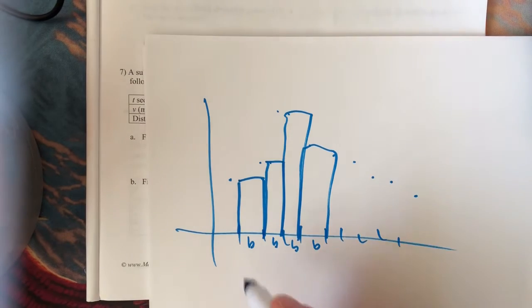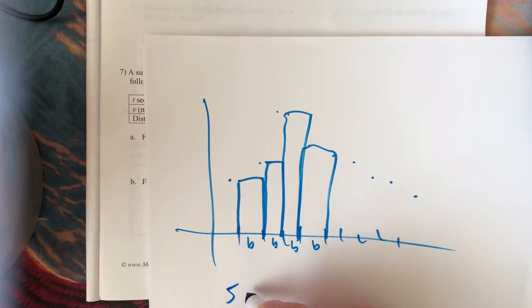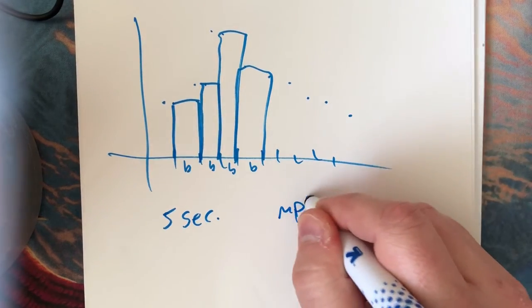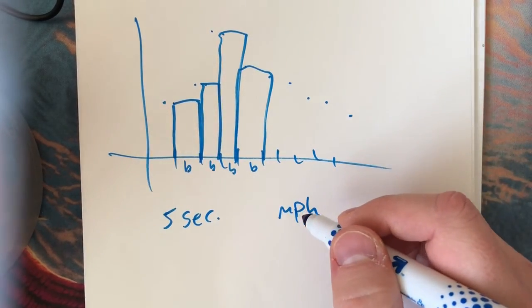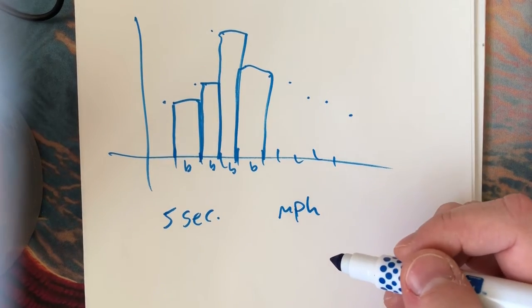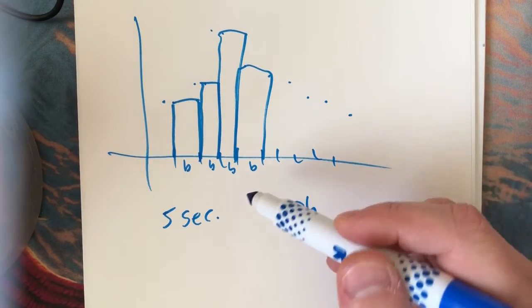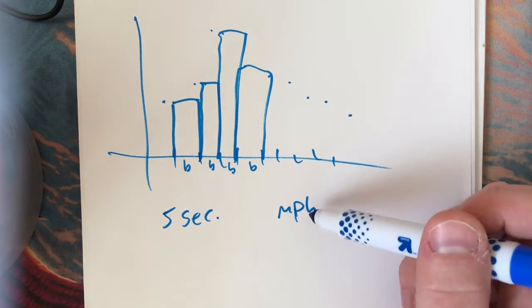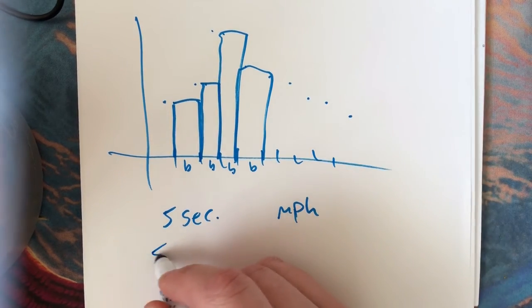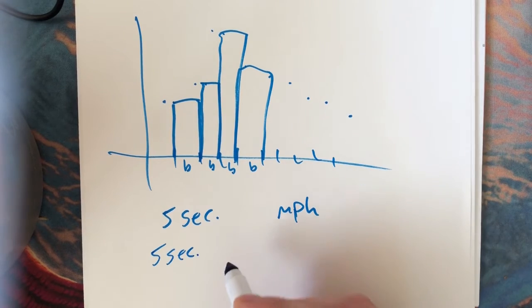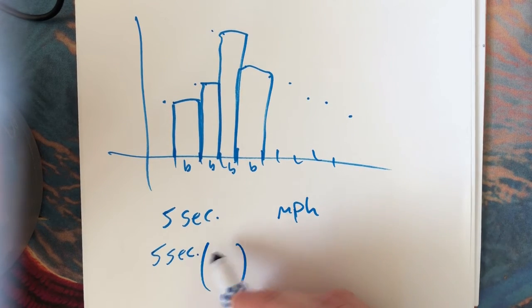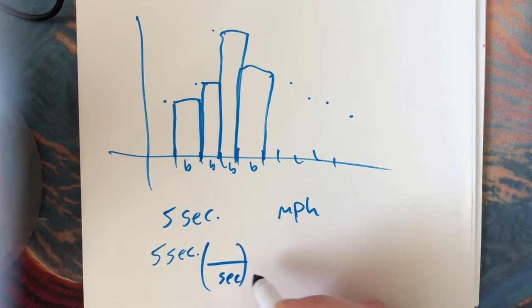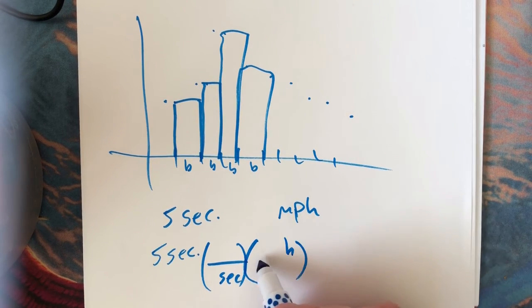But the one thing we got to make sure we talk about, 5 seconds versus miles per hour. We don't want to mix our units. We want to make sure that they're lined up. So I'm going to convert 5 seconds, because we use this one over and over again, into hours. We know that 5 seconds, all we need to do is multiply it and cancel out seconds, and then end up with hours.